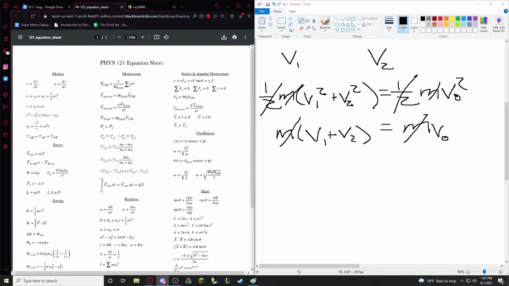So what values would work so that both these equations hold? V1 and V2 can both equal something different. Hold on a second.